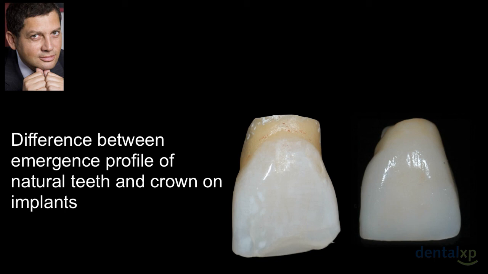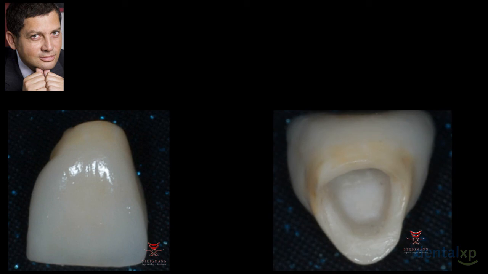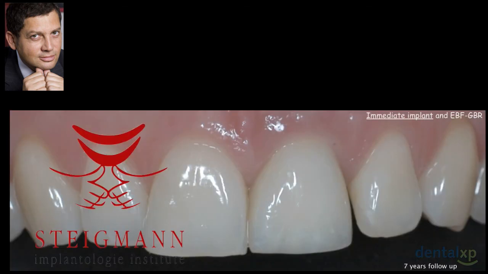So here we can see that the final crown, which was made a couple of years ago, will support the buccal soft tissue. So here are different aspects of the crown, of the gingival margin, and how this crown will sit at the level of the abutment. So a straight buccal emergence profile is recommended when the implant is in the position of the extracted tooth and the soft tissue thickness is adequate.